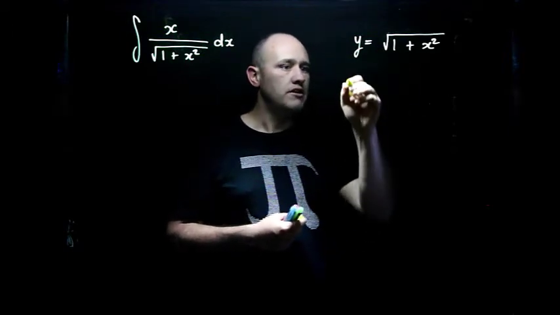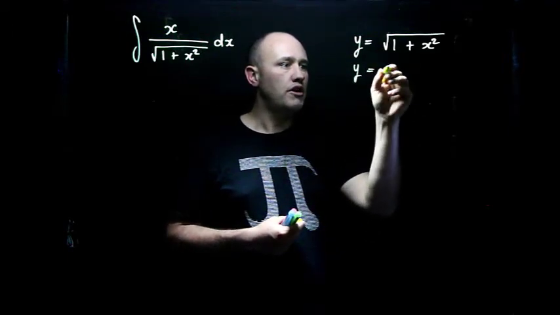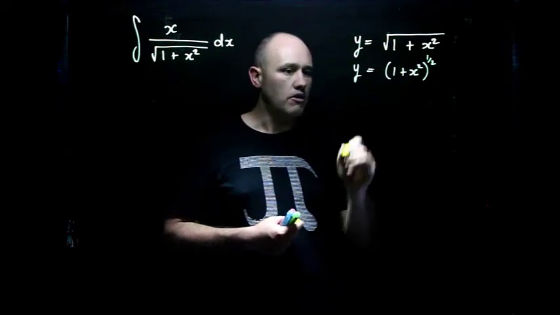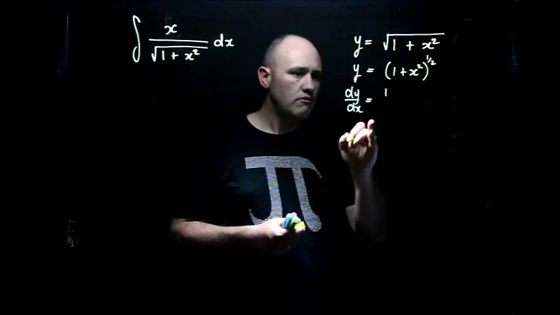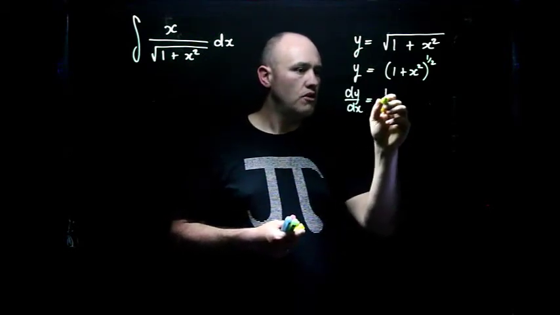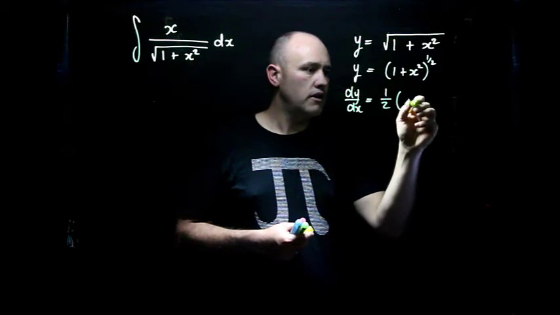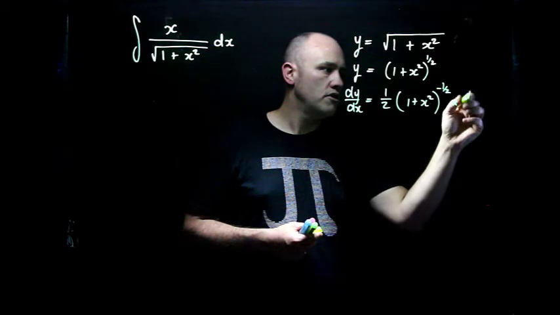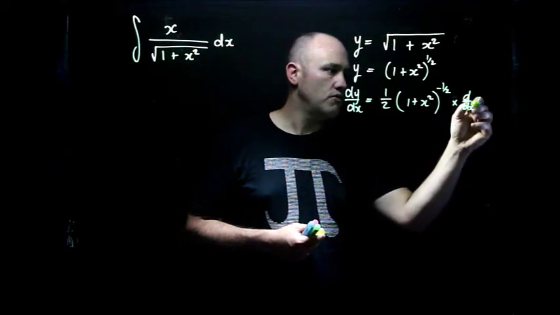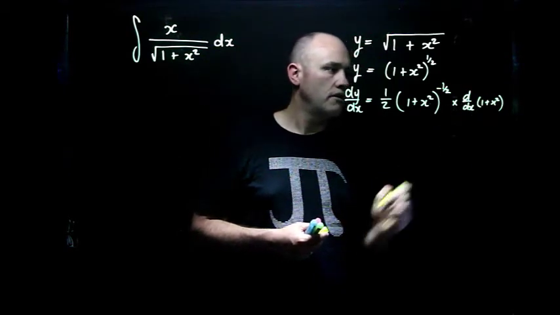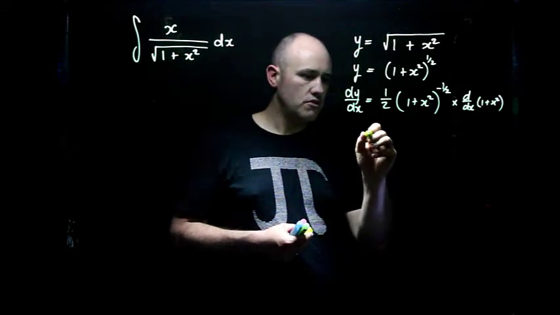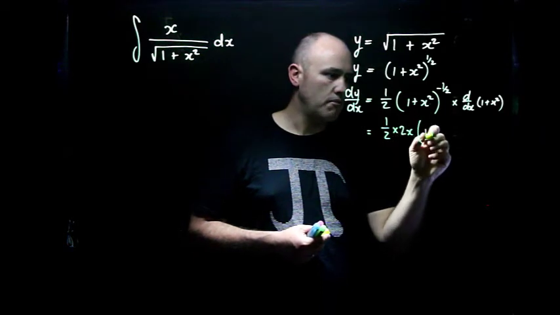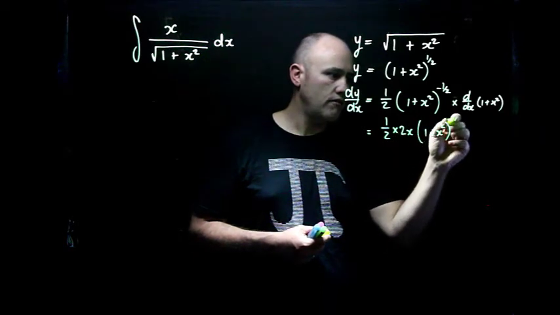So if I derive this, what I'm going to do first, I'm going to write it in power form, 1 plus x squared to the power of a half. And then I'm going to derive it, which gives me dy/dx is equal to 1 half, 1 plus x squared to the power of negative a half, times the derivative of the inside function, which is 1 plus x squared. And hopefully you can see that this is equal to 1 half times 2x, 1 plus x squared to the power of negative a half.